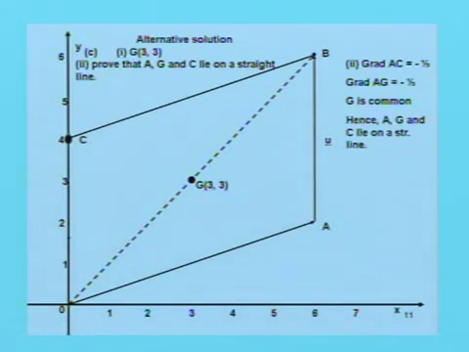Then we find the gradient of AG, which is also minus a half. And we know that G is common. And since two lines emerging from the same point, having the same gradient, we conclude that the two lines form a straight line, and hence A, G, and C are collinear or lie on a straight line.